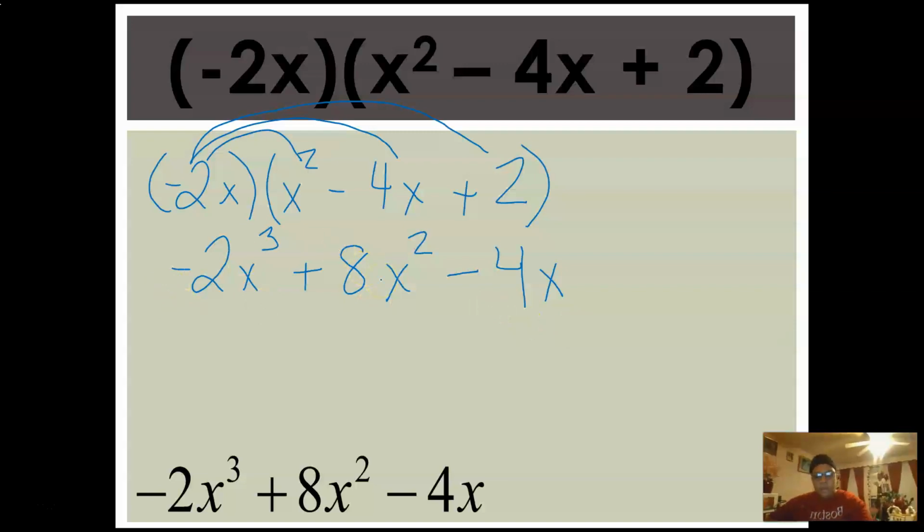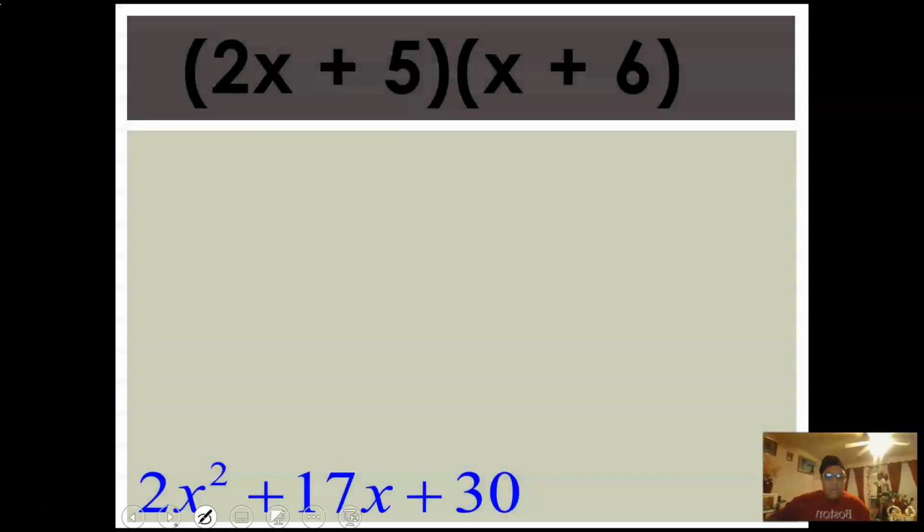Okay. Now, with that being said, this is another example that when you see it, once again, you distribute everything within the parentheses. So you have 2x plus 5 and x plus 6.